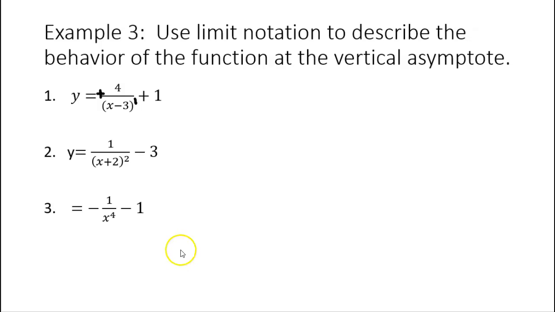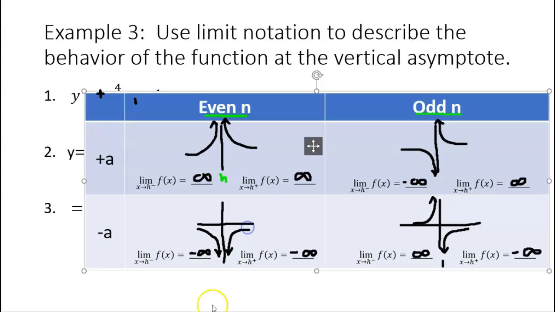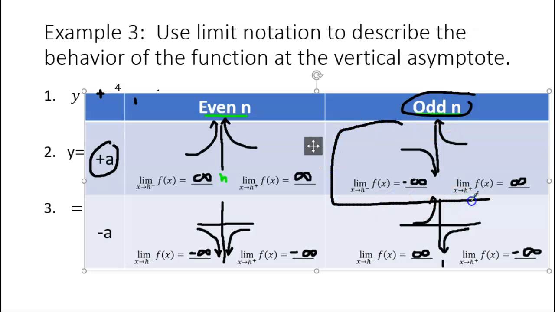Now, when you have an odd power with a positive fraction, that means we are going to have this situation. My graph would look like this. So that would mean that on the left side of my asymptote, it's going down into negative infinity, and on the right side of my asymptote, it's going up into positive infinity.